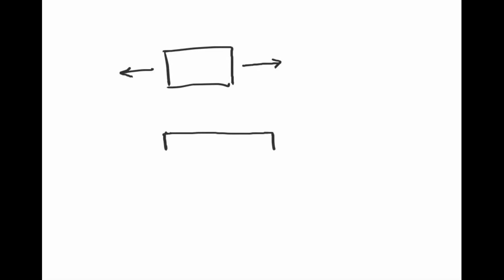Okay, so for example, I have this thing. If I pull this with a force, two things would happen. Well, it will be like this. Ito yung original na shape niya. Okay, that's the original shape.